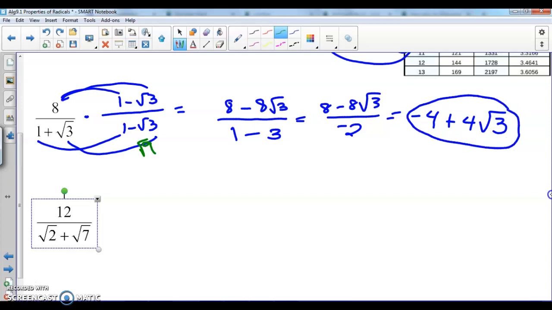I think I can feel that some of you did not get that fully. Let me explain it again. So you can actually break this down into 8 over negative 2 minus 8 radical 3 over negative 2. Does that make sense? So 8 divided by negative 2, that's your negative 4. Okay. And then negative 8 divided by negative 2 is positive 4.